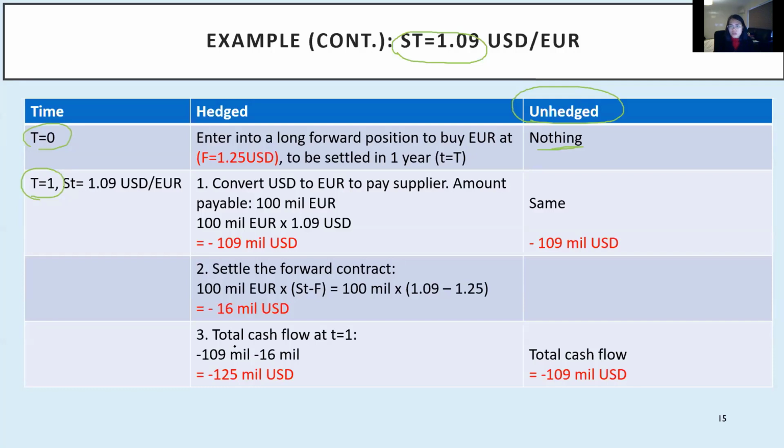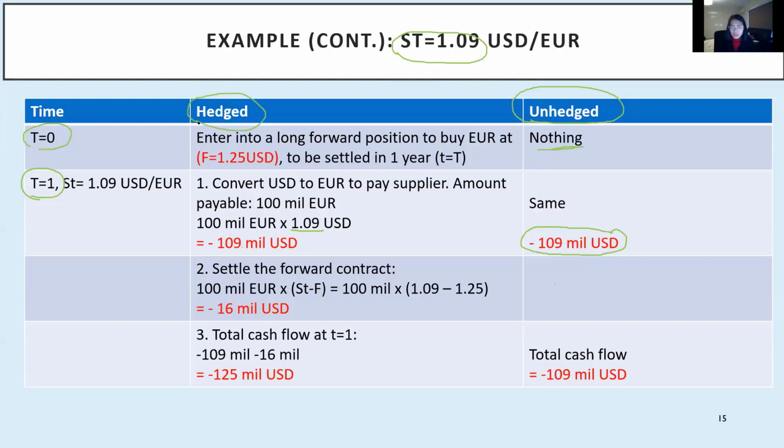At that time, if I want to buy 100 million euro, I'm going to have to pay 1.09 USD per euro. So overall, I'm going to have to pay 109 million USD. With the unhedged position, that is it. That's all I have to do. I just have to wait for 1 year, and then convert the USD to the euro later on.